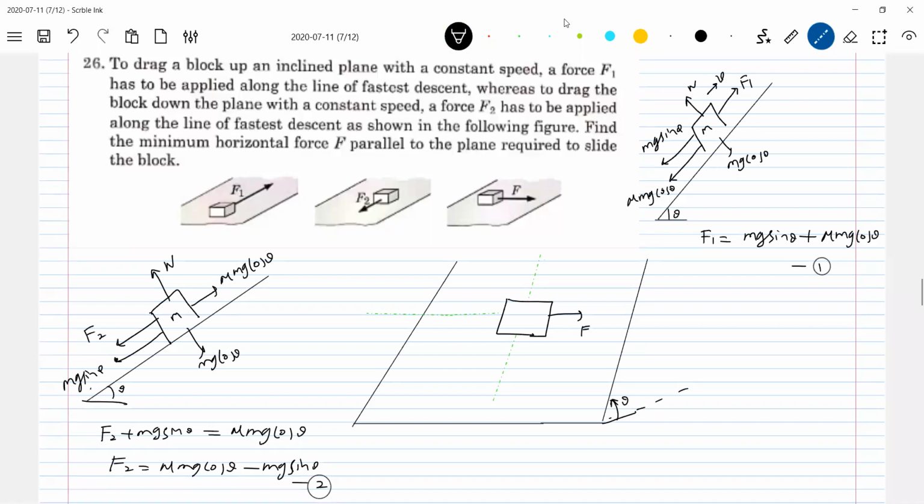Okay, now let's go for the forces that are acting.